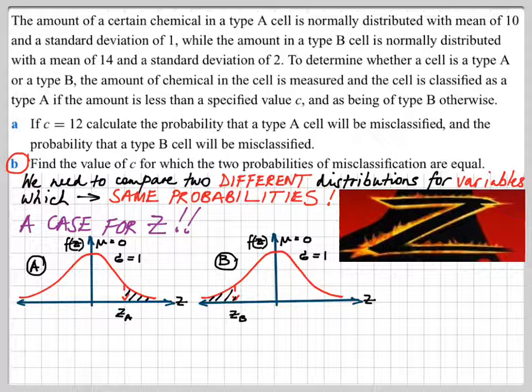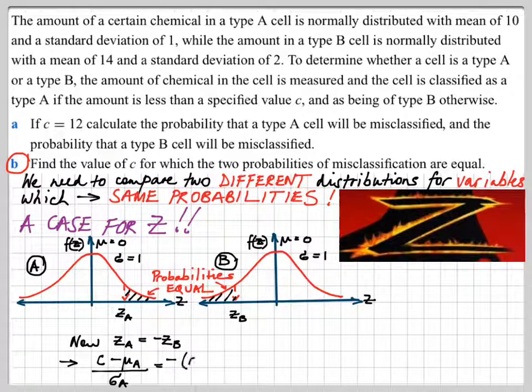So all I've got to do is work out what that ZA and that ZB are, which will be the same number, because it's the same probability, except that one is a plus and one is a minus. Probabilities are equal, so ZA is equal to minus ZB.